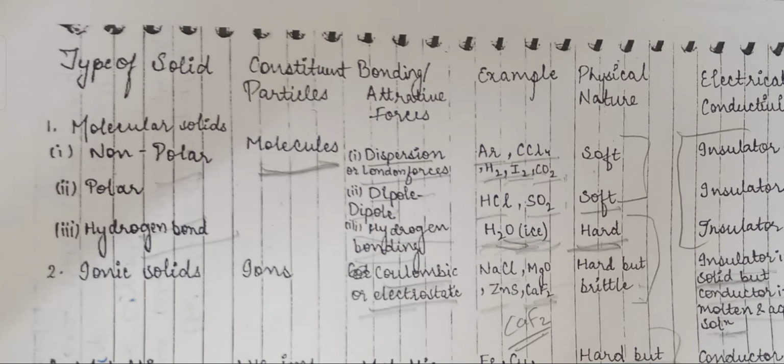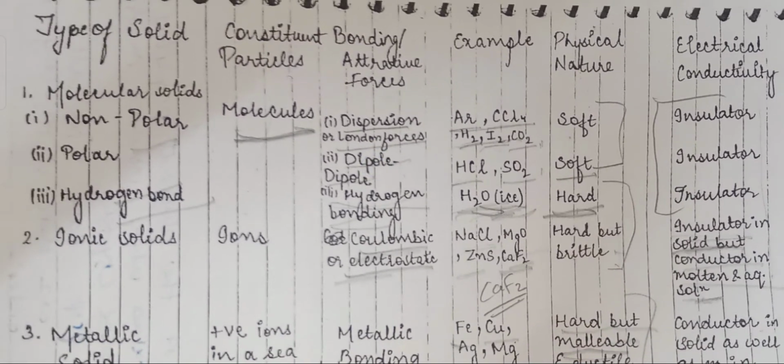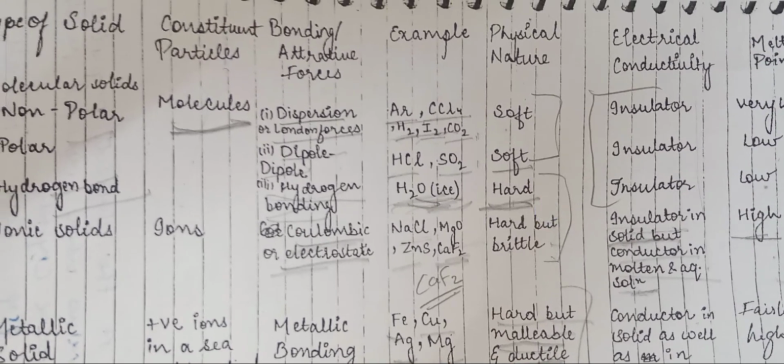These are weak, as we know, so their physical nature is also soft, and they are insulators. For polar solids we have dipole forces, their physical nature is soft as well, and they are also insulators. Under hydrogen bonding the bonding force is hydrogen bonding, and their physical nature is hard.